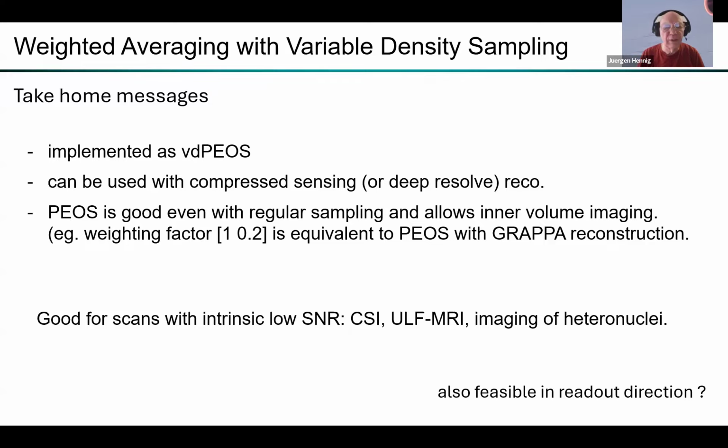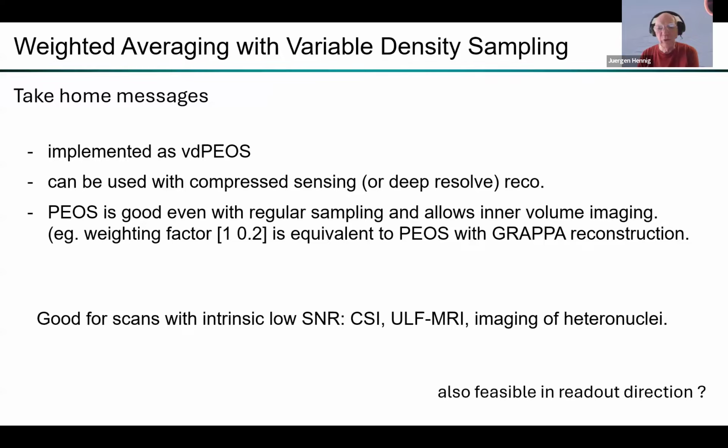So if you take these weighting factors like shown here, 1 and 20%, then you can reconstruct an oversampling in the phase encoding direction with a simple Kappa reconstruction. And the use case really is very low signal-to-noise scans like chemical shift imaging, ultra-low-field MRI, and especially imaging of heteronuclei.